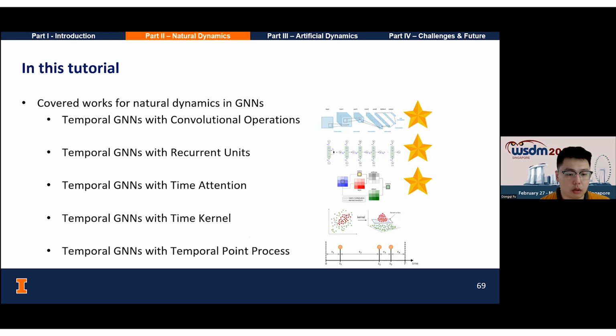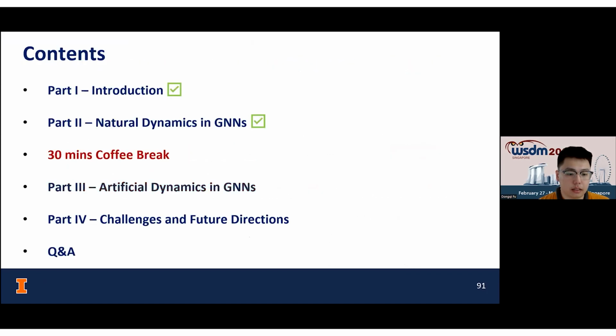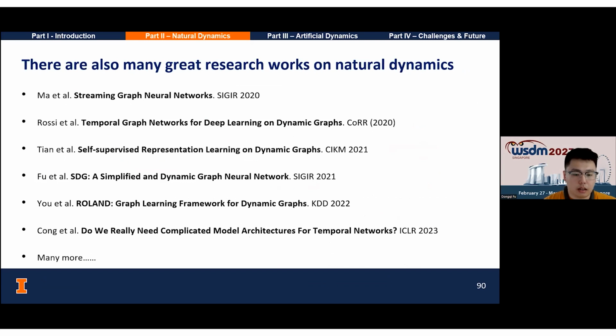Also in our tutorial, maybe in the following part, you can see a new paper published just a few months ago in ICLR, called: do we really need complicated architectures like attention for temporal networks or time series prediction?